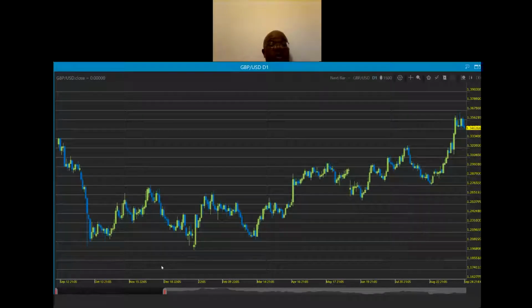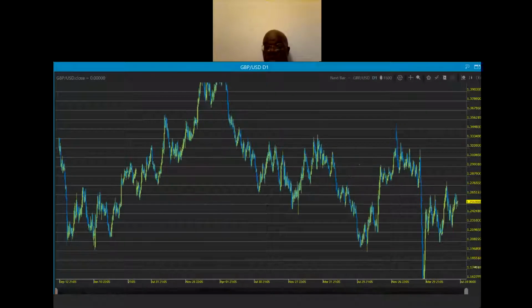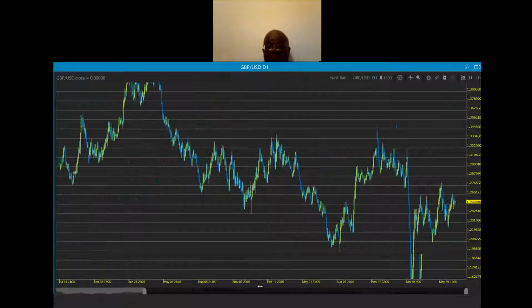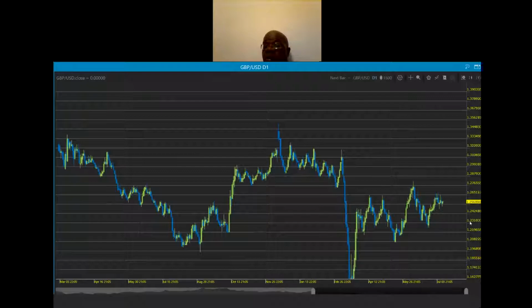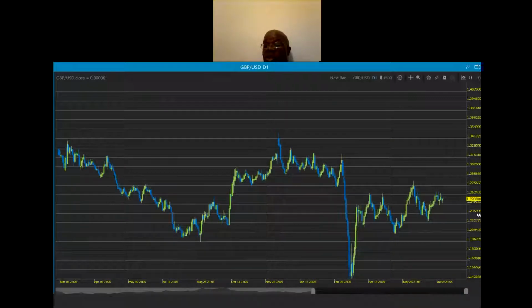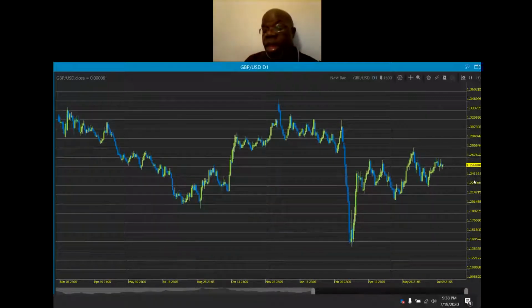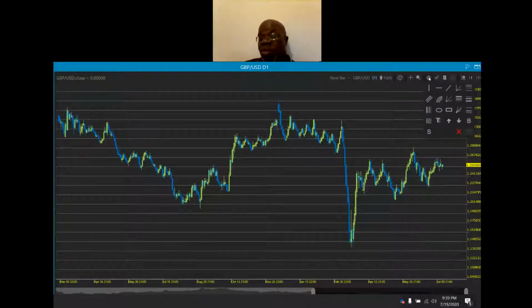All right, so this is the daily chart. I just picked up a random currency, in this case, GBP USD. So for GBP USD, this is what we have. And if I was to now mark the chart the way I normally do, I actually mark the highs and the lows, all right? Because that's where your play will be taking place.